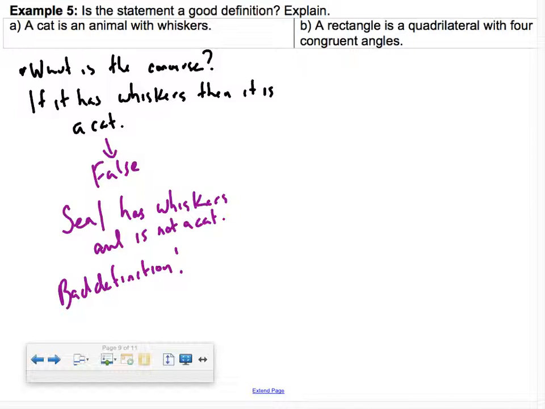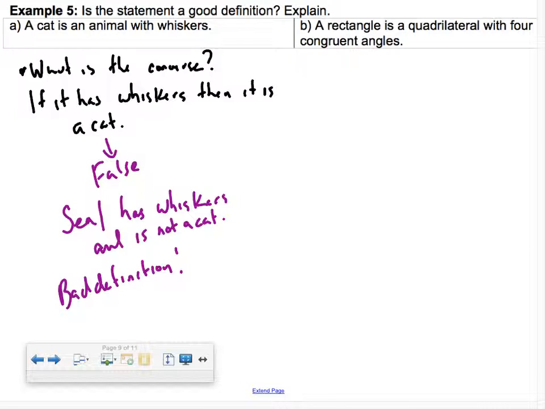Let's see. Second one. A rectangle is a quadrilateral with 4 congruent angles. So if the quadrilateral is a rectangle, then it has 4 congruent angles.